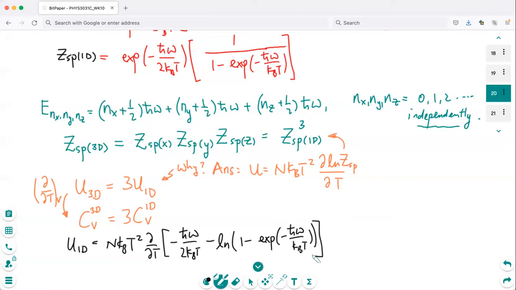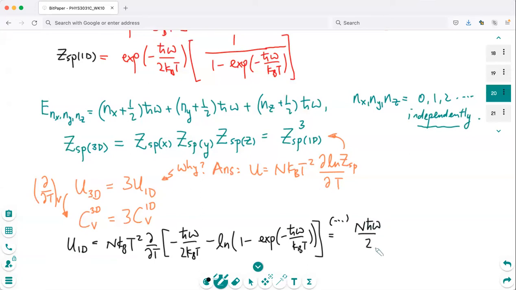Okay. And for U1D, what I will get then is, there are two more lines. You can really just take the derivative and rearrange. And I will write down the answer. And there's this.